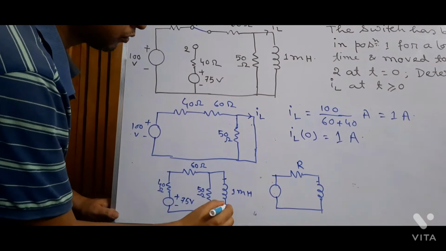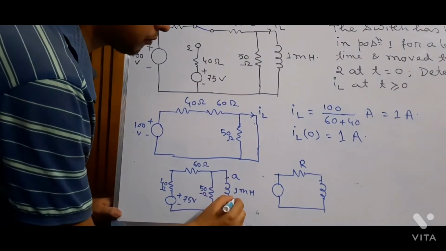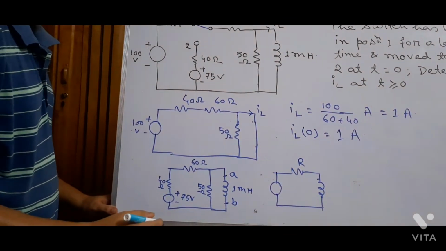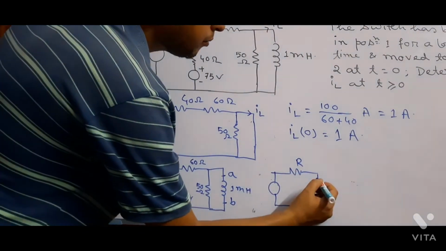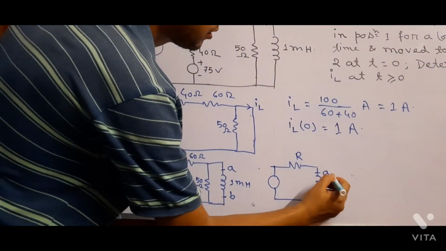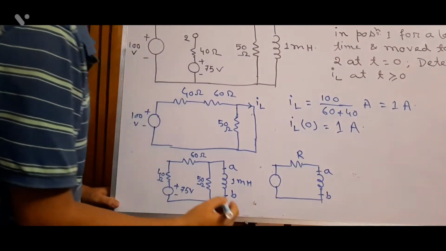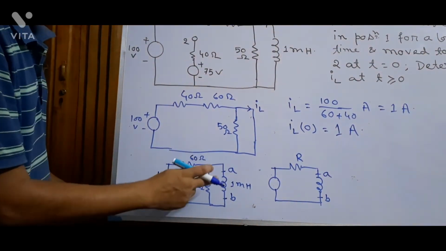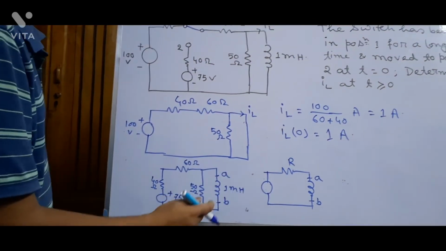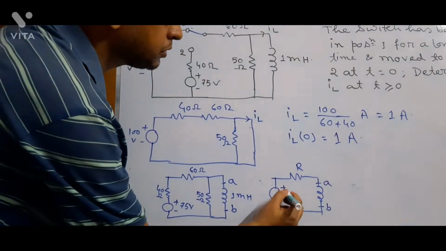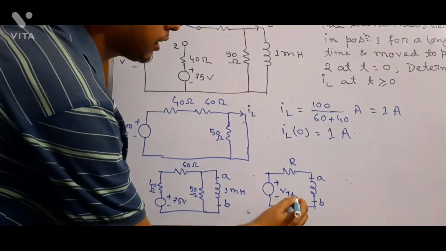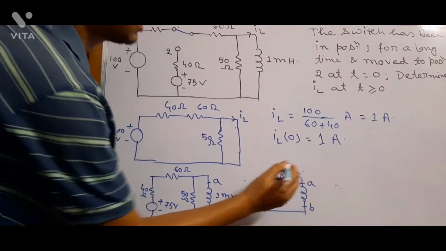So, if this is the point A and this is the point B, viewing from A and B, we have to replace this circuit by a Thevenin circuit, Thevenin's voltage source VTH and Thevenin's resistance RTH.